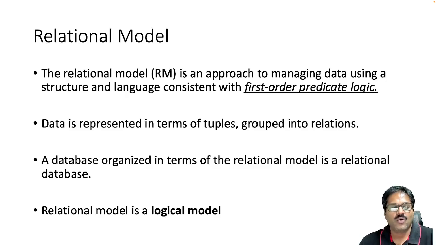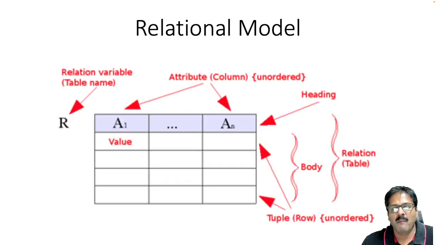If you are storing the data in a relational model, we call it a relational database. As I told you, the relational model is a logical model because it follows logic.